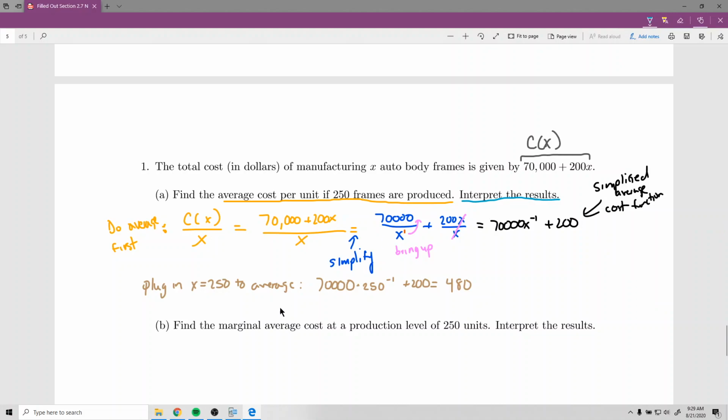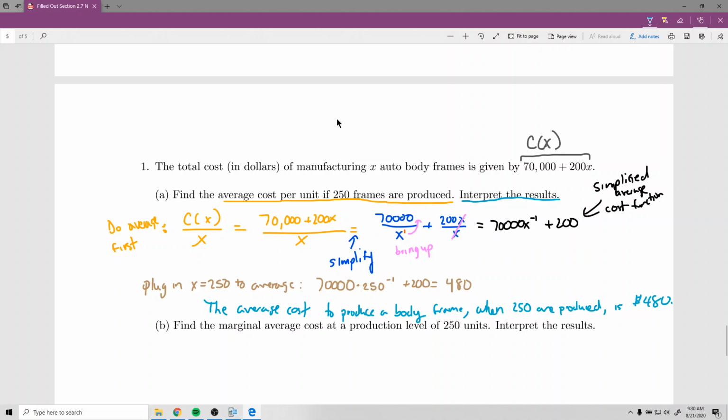So to interpret these results, what we would say is that pretty much exactly that the average cost to produce a body frame, something like this, when 250 are produced, is 480.